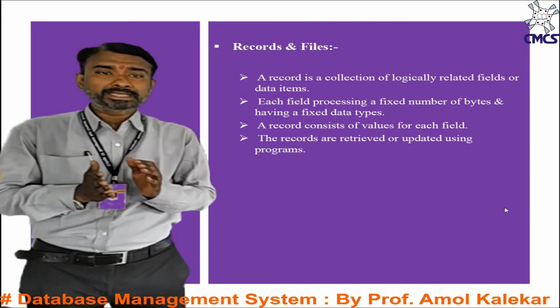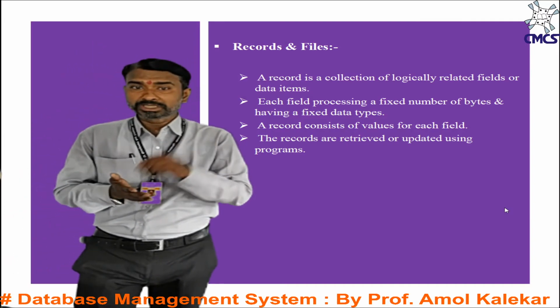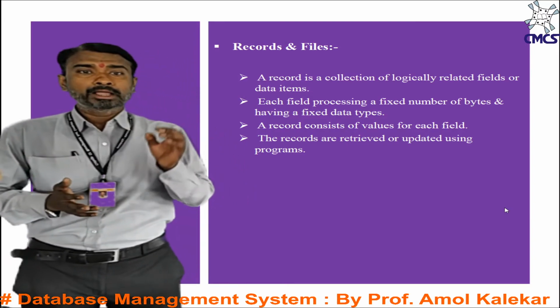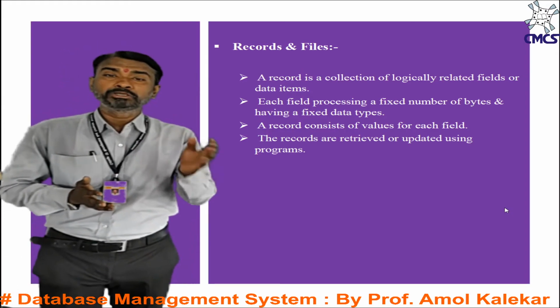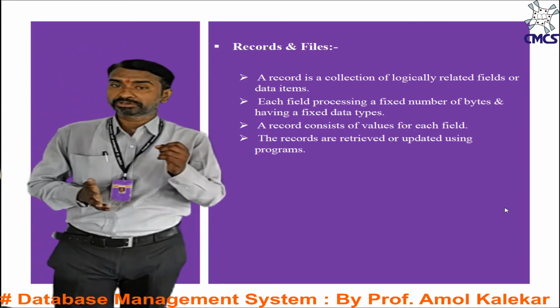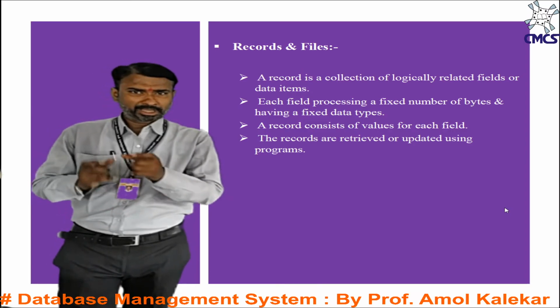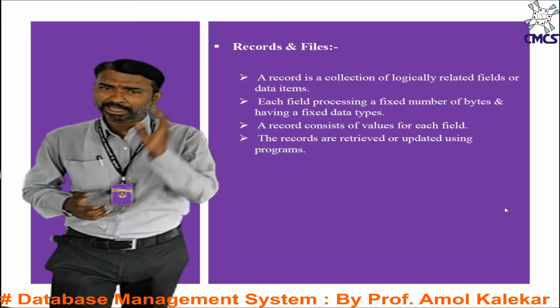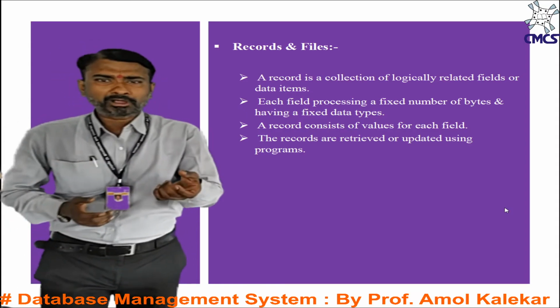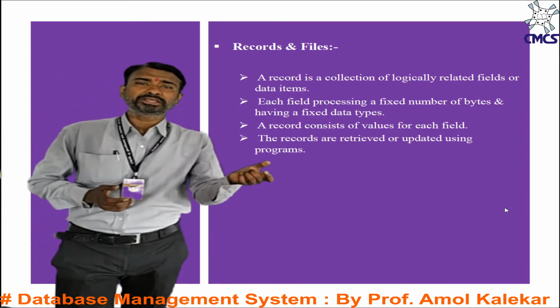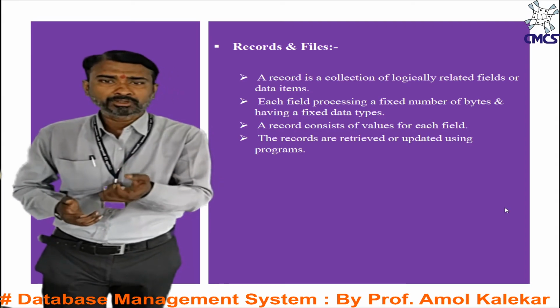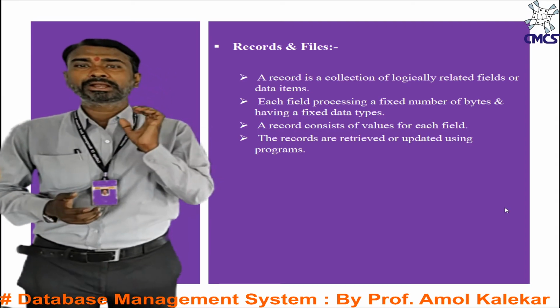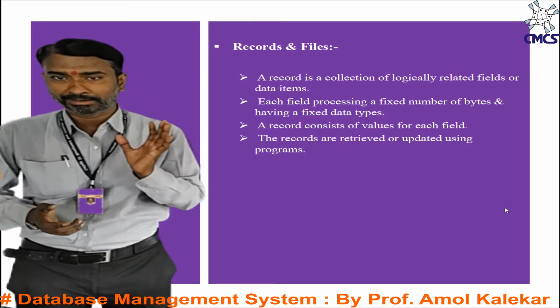A record consists of the values for each field, and records are retrieved or updated using certain kinds of application programs. Means if we are populating the values for the respective attributes of a given entity, then the collection of related values for each and every attribute will be termed a record in the simple manner.